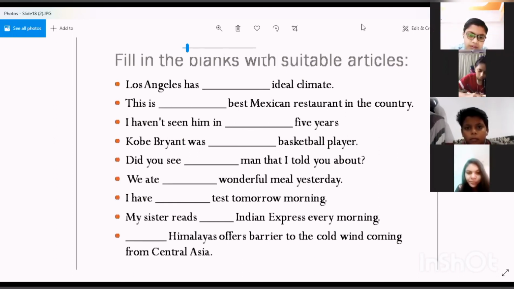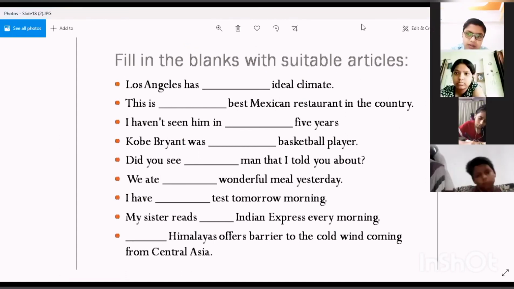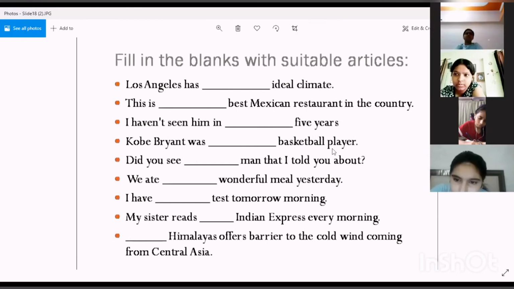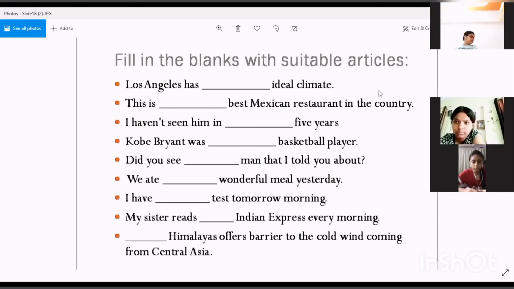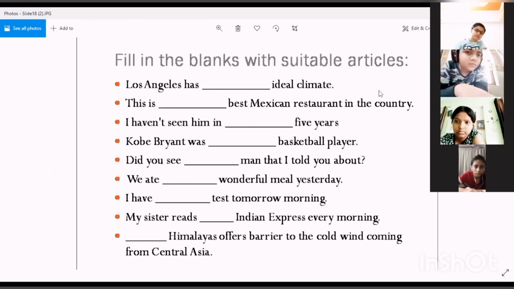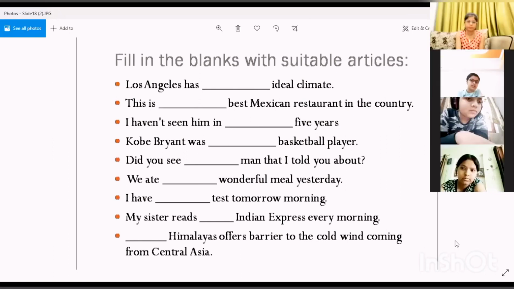You have to fill in the blanks with suitable articles. The first sentence is Los Angeles has dash ideal climate. Let me see who will answer. Sehaj was the first one to raise his hand. Yes, Sehaj. Ma'am, the.